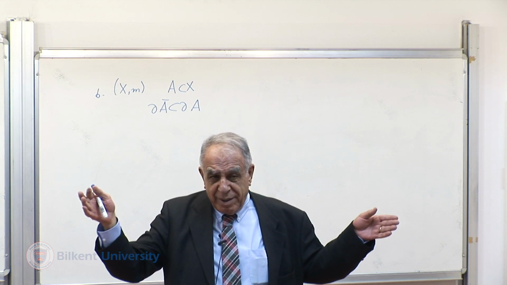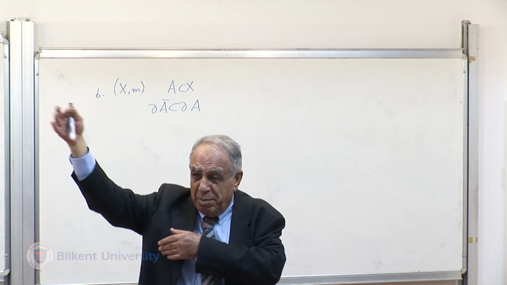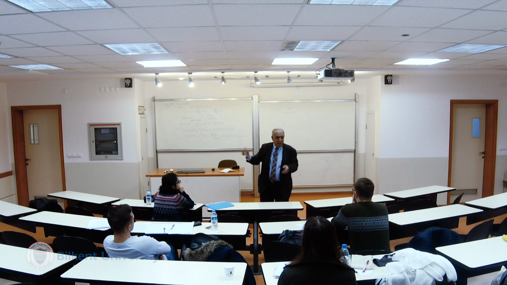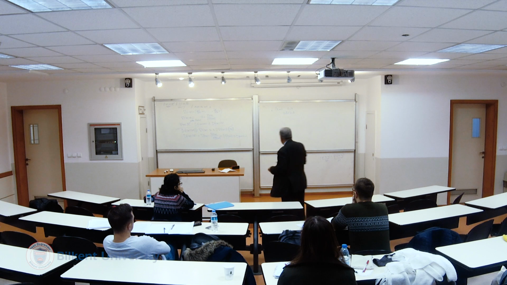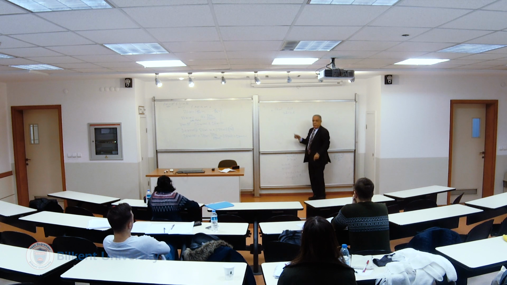That's always empty, because the complement of the entire space is empty. Any neighborhood intersected with the empty set will yield empty, cannot be non-empty. So this will be empty if it's a closure.